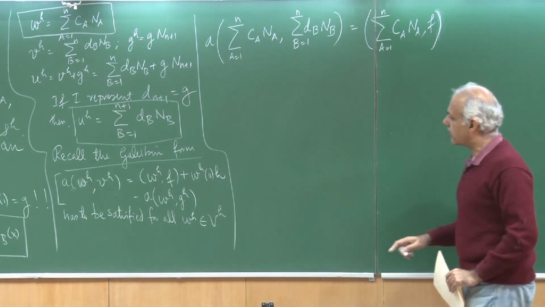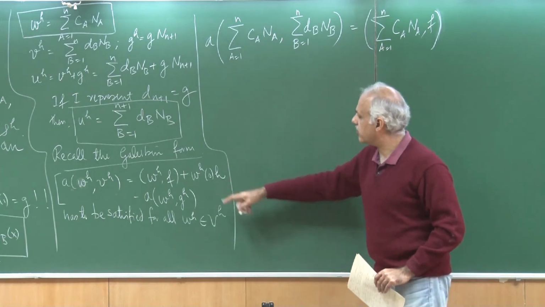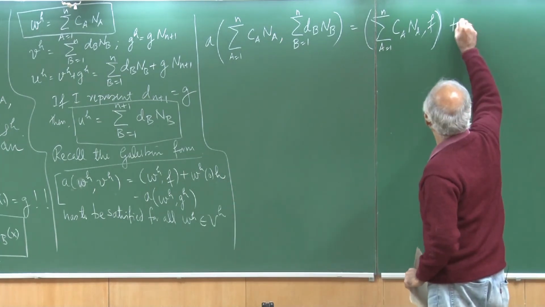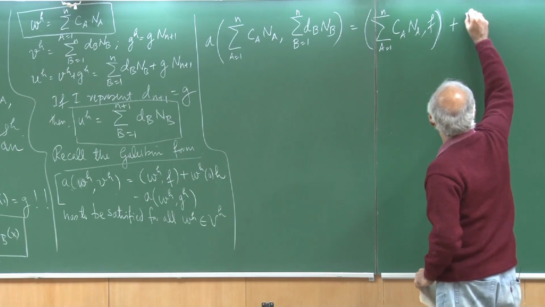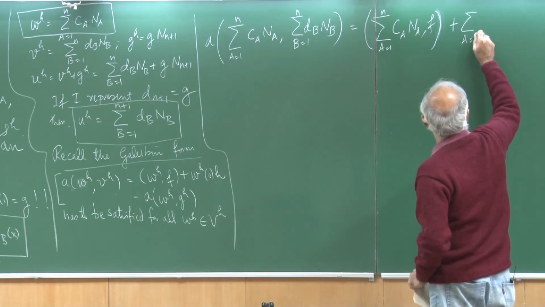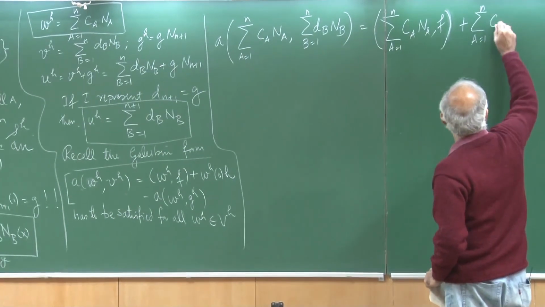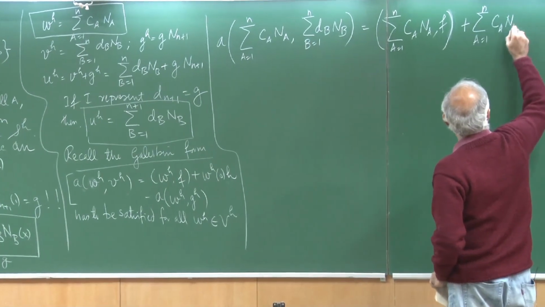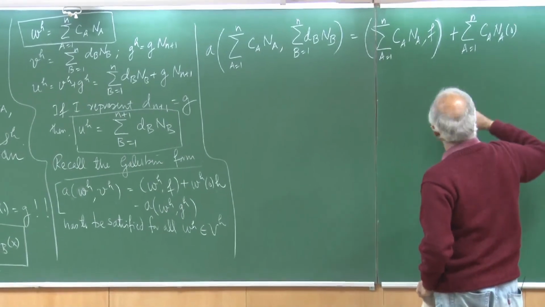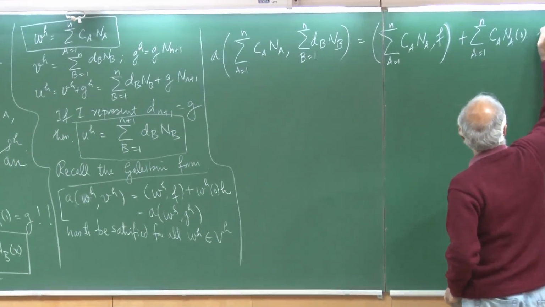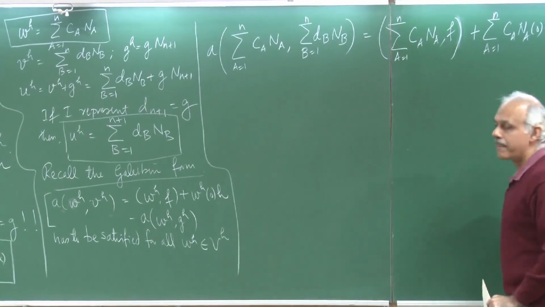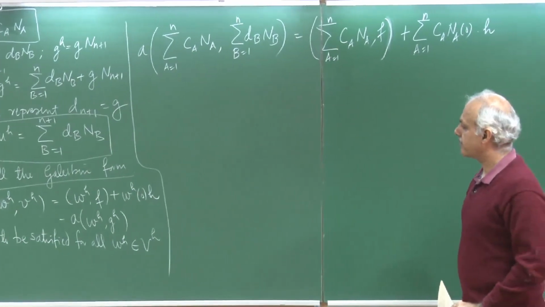Now I am going to talk about the next term, which is WH at 0. So this I am going to write as summation A going from 1 to n, and WH is CA, but now my NAs have to be evaluated at 0, and this times the H. Okay.